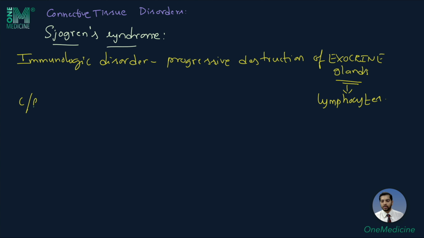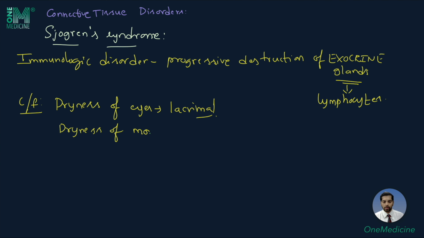Characteristic features include dryness of eyes due to lacrimal gland destruction, and dryness of mouth. This can be due to salivary gland destruction.